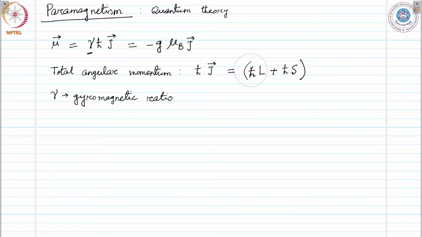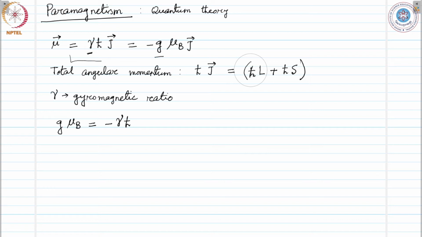For electronic systems, we can quantify this other constant g here, which is called the g factor or the spectroscopic splitting factor, as g mu B equals minus gamma h cross.